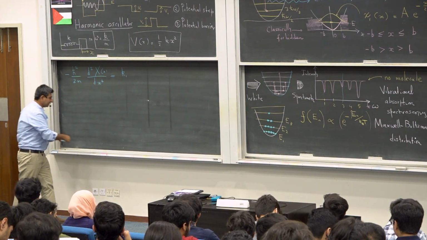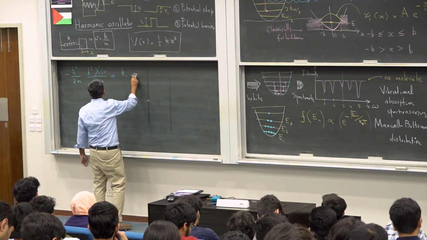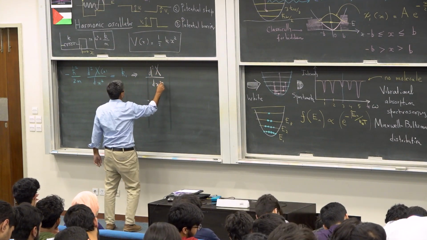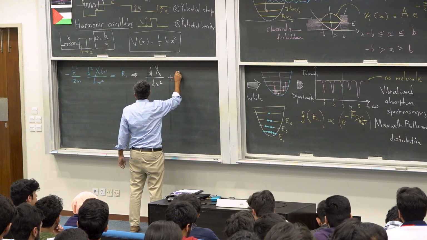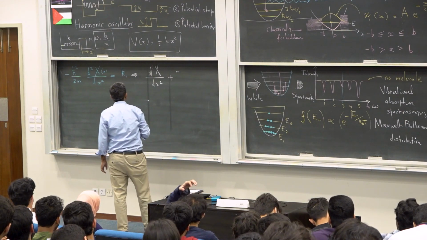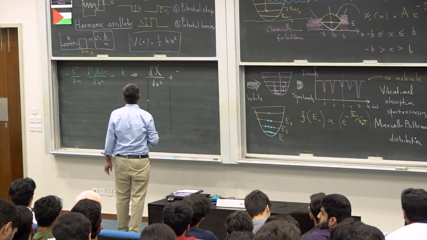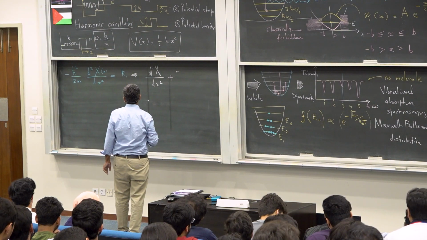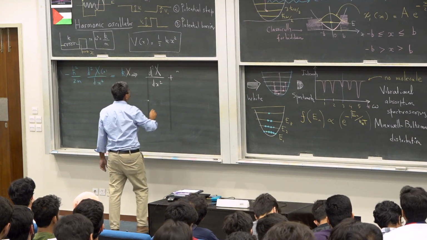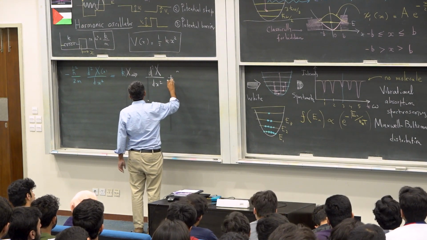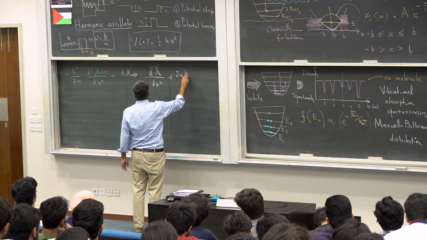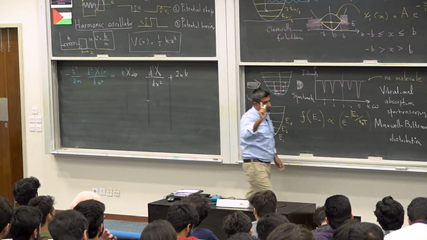Now if I just reshuffle this a little bit, this becomes d square X over dx square plus 2m kx square over h bar square X is 0. Correct?